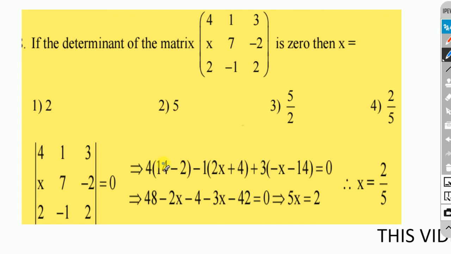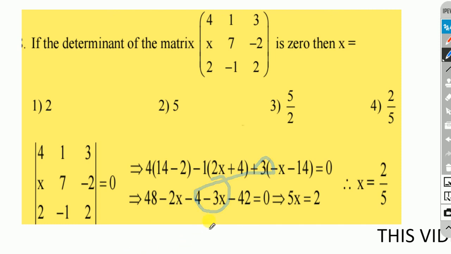Now 14 minus 2 is 12, 12 fours are 48, and minus 2x minus 4 here, and 14 into 3 is minus 42, and 3 into minus x is minus 3x here.